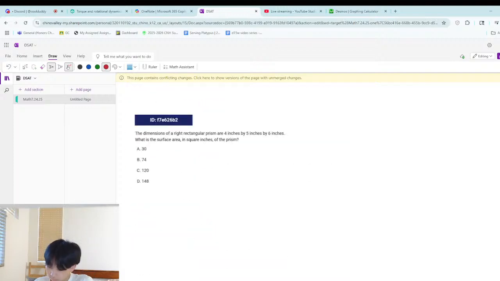The dimensions of a right rectangular prism are 4 inches by 5 inches by 6 inches. What is the surface area?